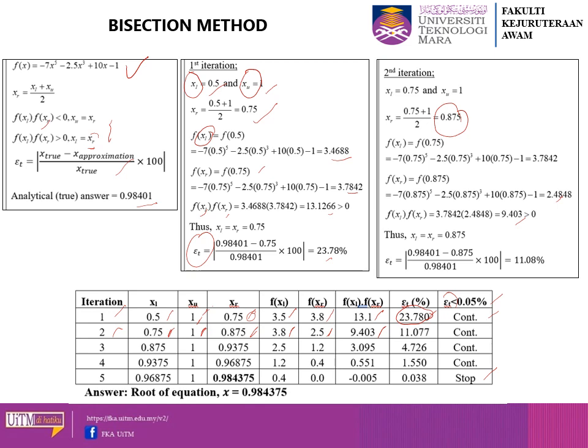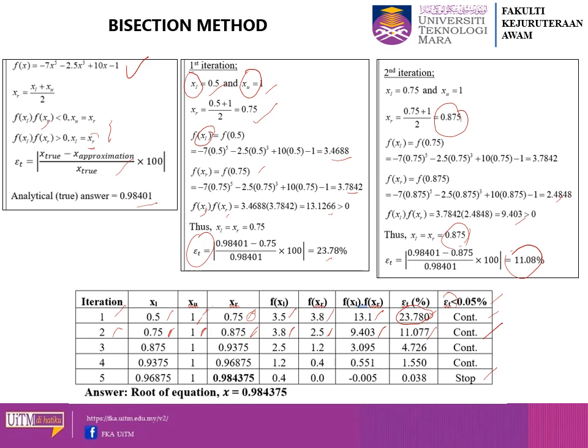Then we calculate the true error percentage by using the new approximate value of XR, 0.87. We take the difference to the true or analytical answer to get the new percentage of 11.08. Because this true error percentage is still more than 0.05, we need to continue the iteration.